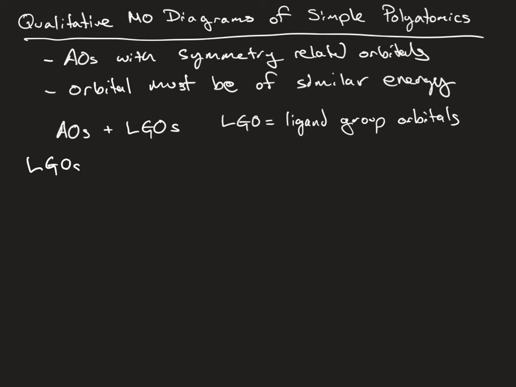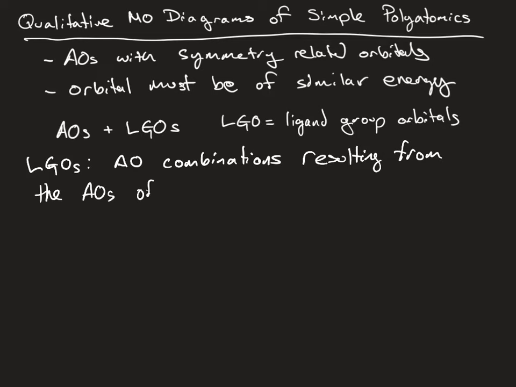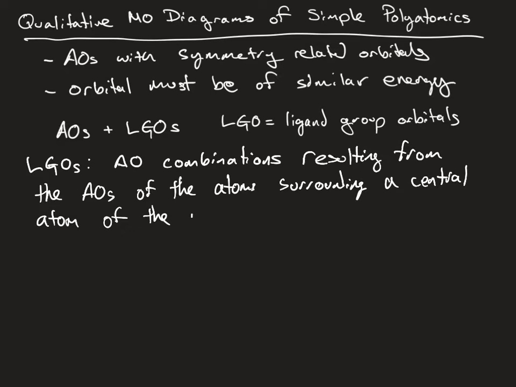Ligand group orbitals are simply atomic orbital combinations resulting from the atomic orbitals of the atoms surrounding a central atom of the molecule.